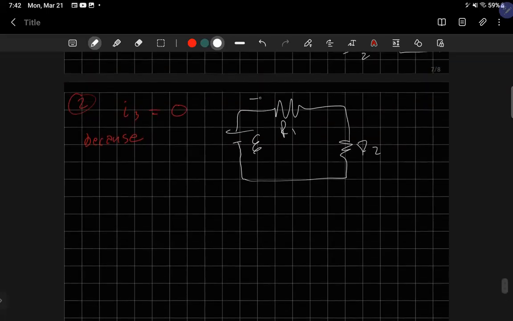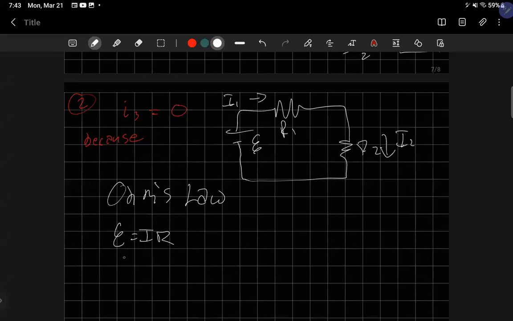So then we have I1 and then I2. From Ohm's law, E equals IR.